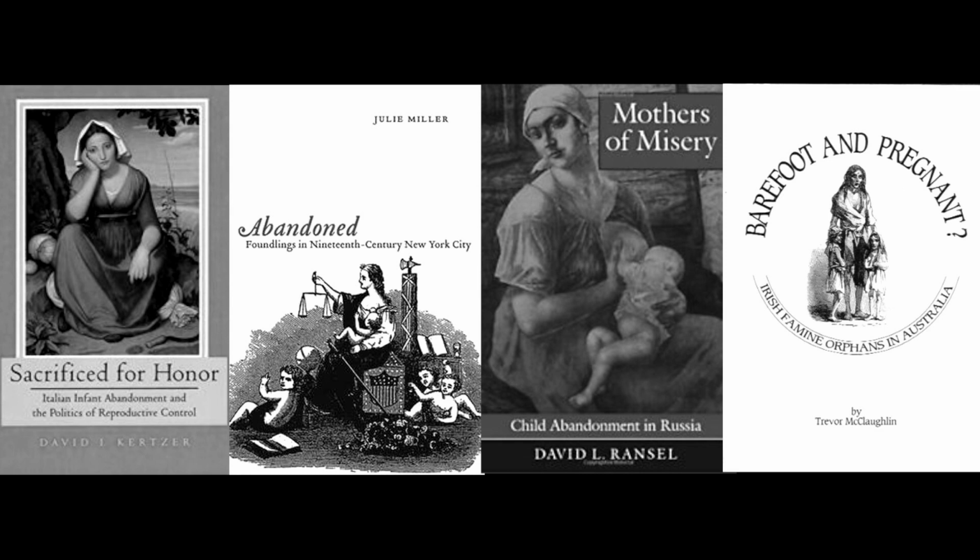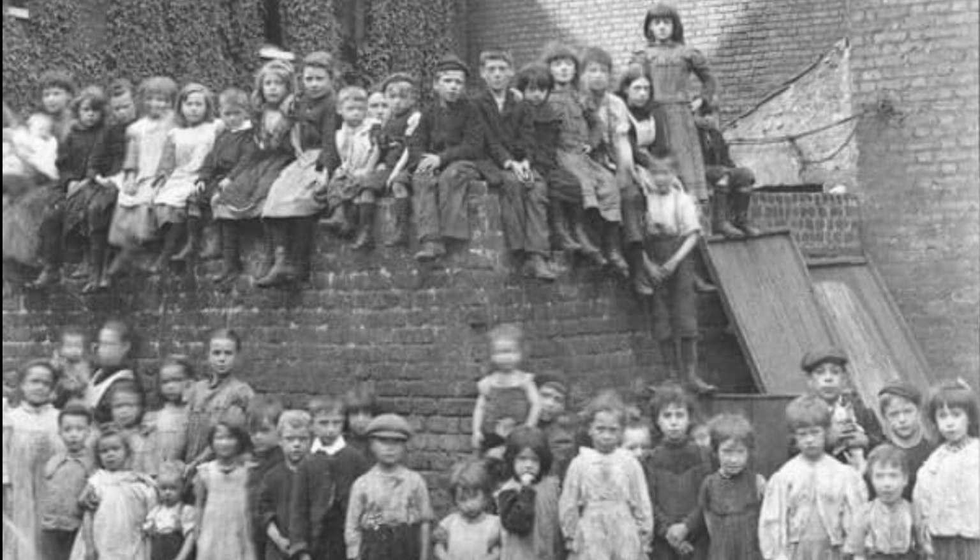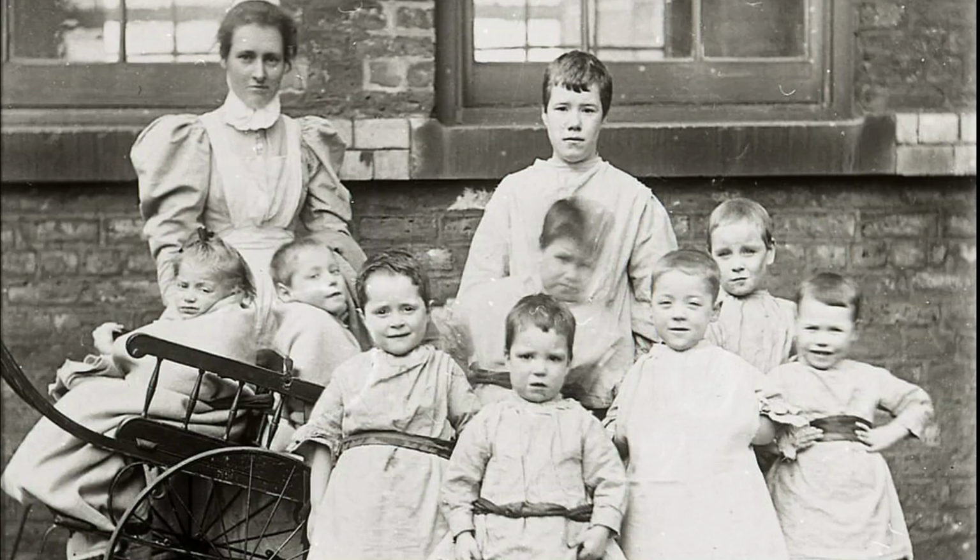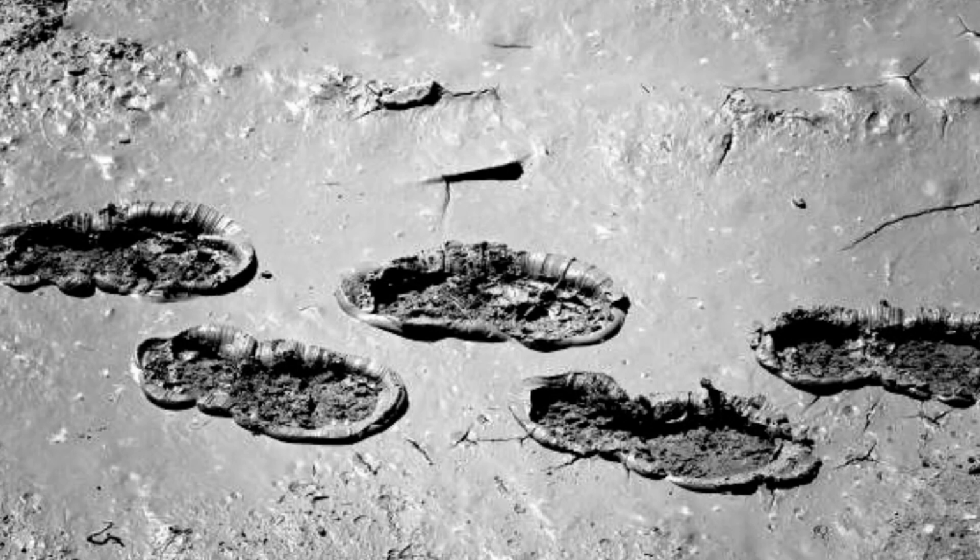And most of them agree it is almost impossible to establish figures that really do justice to just how many orphans there were during this period. Their footprint did not enter the record books. It formed in the mud and was then washed away.